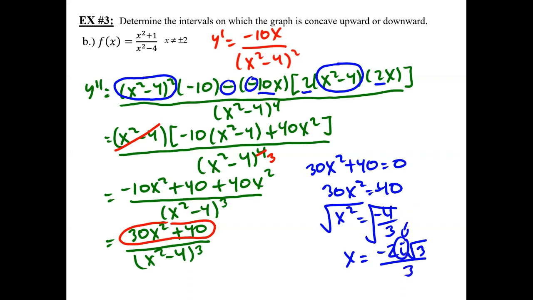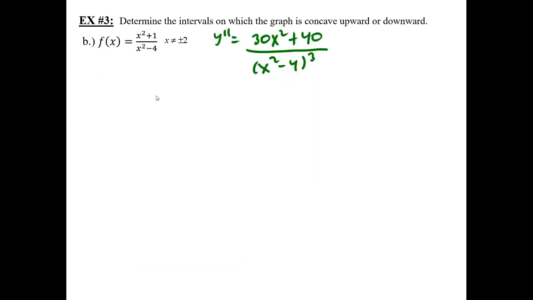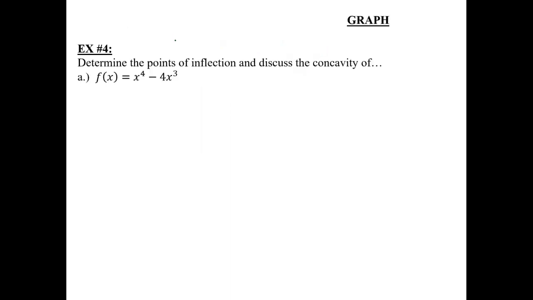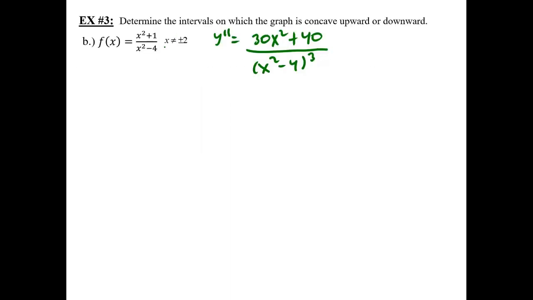Kung meron tayong imaginary point or may negative sa loob ng ating radical, hindi natin kukunin mismo yung critical point sa numerator. Doon na tayo pupunta sa denominator, yung asymptotic line natin. Okay, so since hindi pwede yung numerator, titingin tayo sa denominator. And since meron tayong condition na x must not be equal to positive and negative 2, ito yung tinatawag nating asymptote.